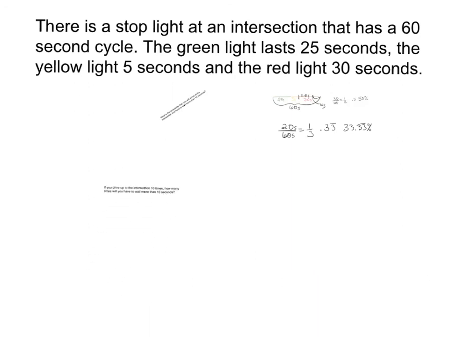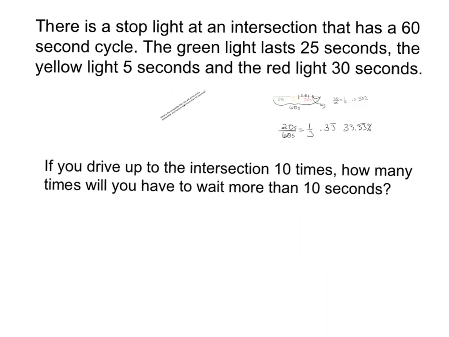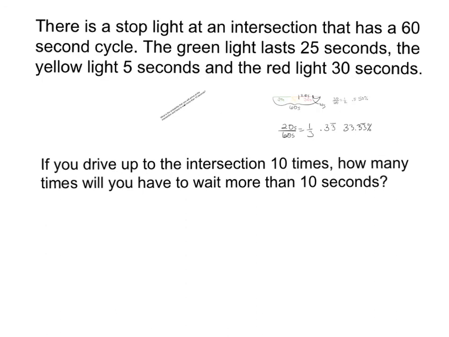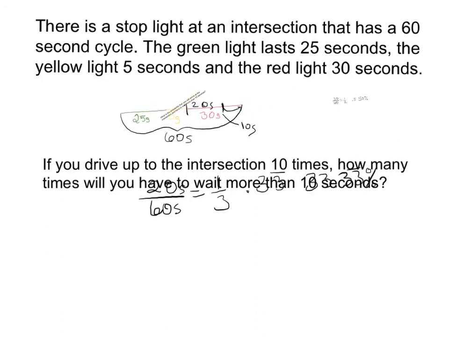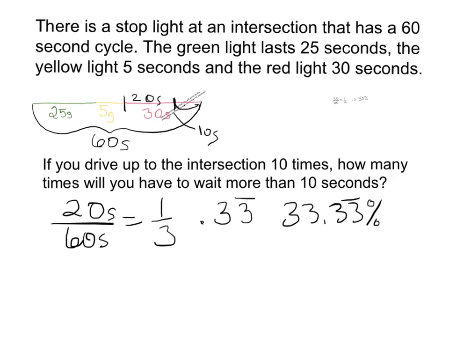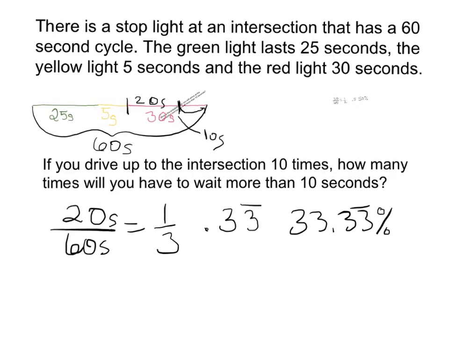Okay, now, what if you drive up to the intersection 10 times, how many times will you have to wait more than 10 seconds? Well, if you remember from our last question, you had to wait more than 10 seconds 1/3 of the total number of times.